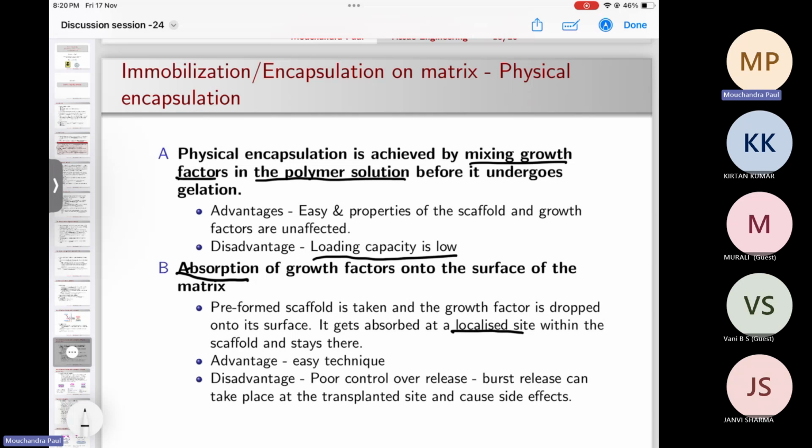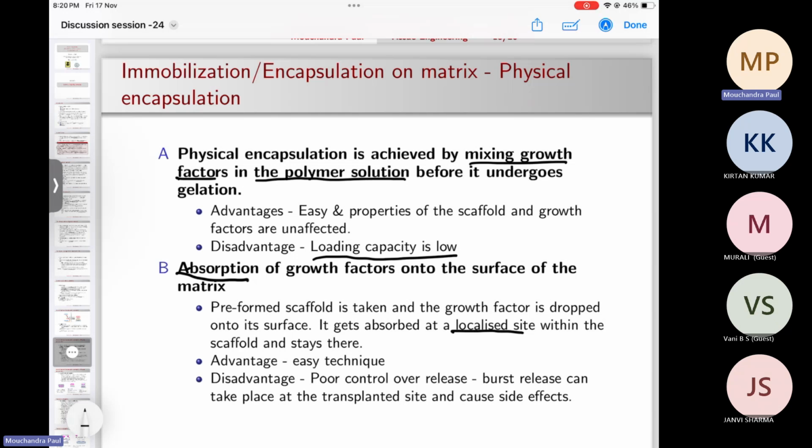Again, the advantage is that it is easy to do, but the disadvantage is we don't have very good control over how the absorbed growth factors will be released. There's a possibility that when you transplant this growth factor loaded scaffold at the site, there will be burst release.